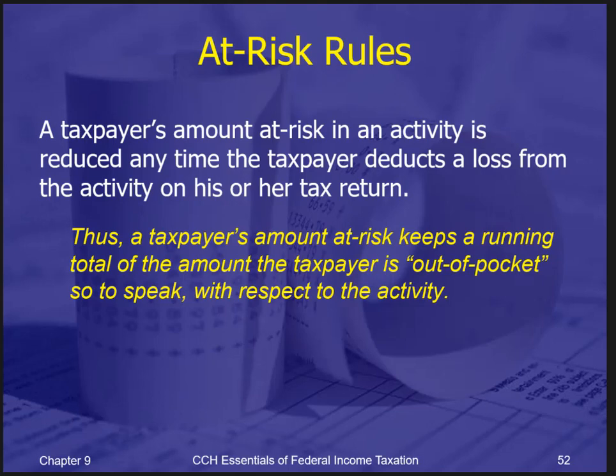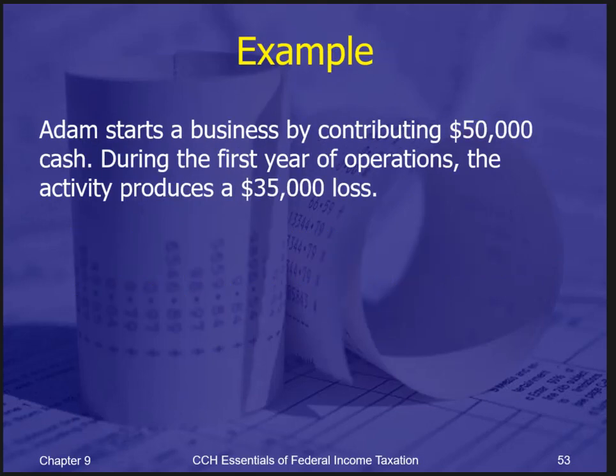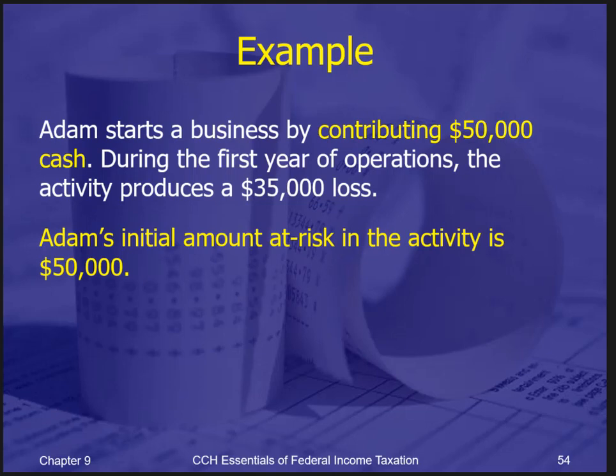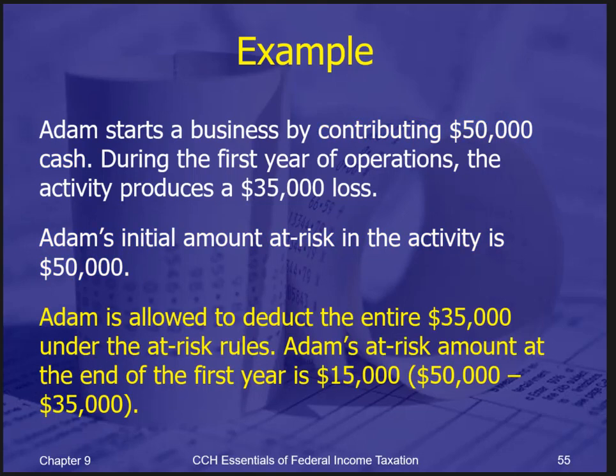When we get to businesses like partnerships and things like that, we run into more situations of things that are at risk. So their example, rather than being a rental property, is actually a business. Contributing $50,000, we have a $35,000 loss. The additional amount at risk is $50,000, but after we lost $35,000, now we only have $15,000 at risk.